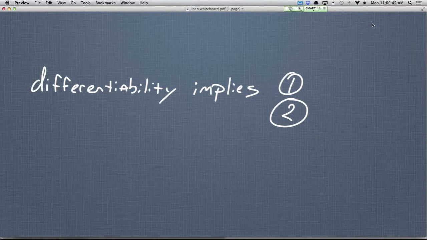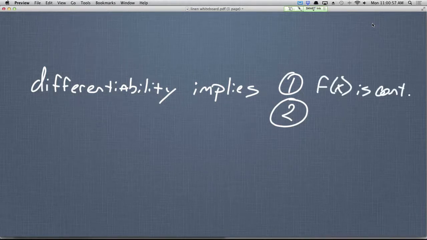What 2 things do you think differentiability implies? If something's differentiable, what else do you know? It's continuous. There you go. That's the first thing it implies. Okay, if I know a function is differentiable, I know that function is also continuous. Because I have to be continuous to be differentiable.